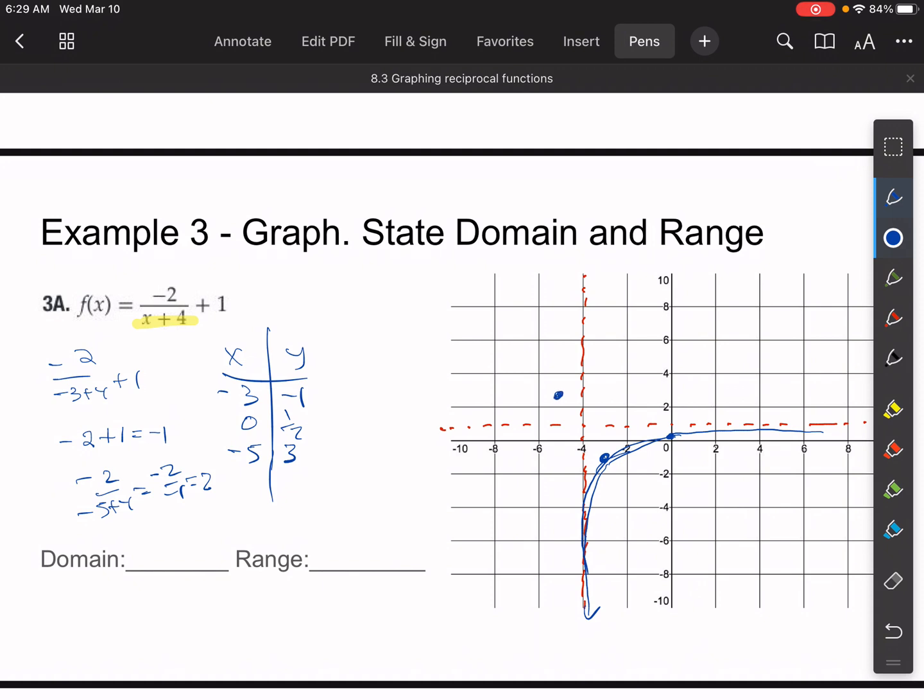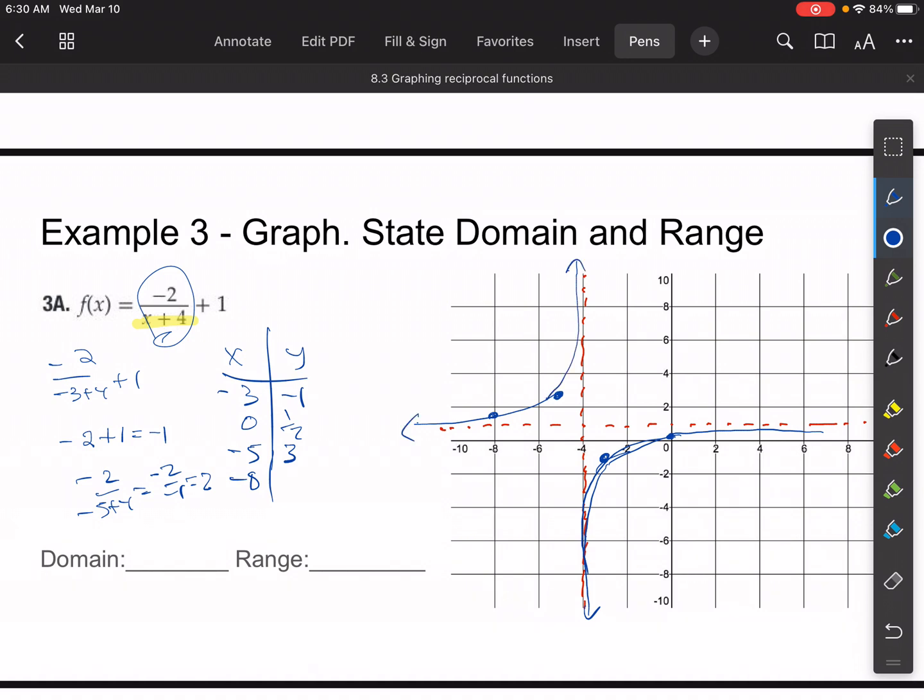All right. So we kind of get the idea of what's going on over here. Let's plug in though something else. Let's plug in a -8. So at -8, we get 1/2 plus 1, which gives me 1.5. So at -8, I'm at 1.5. So somewhere right in here. Okay, so kind of the same deal happening up this direction.